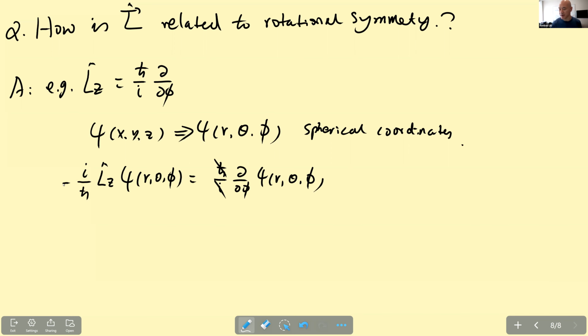Or if you put a minus sign right here, there will be a minus. If we do this m times, this just gives you m times.